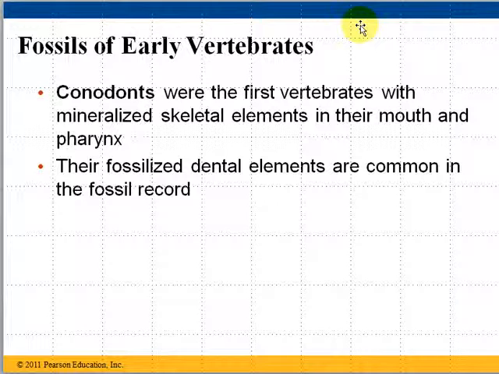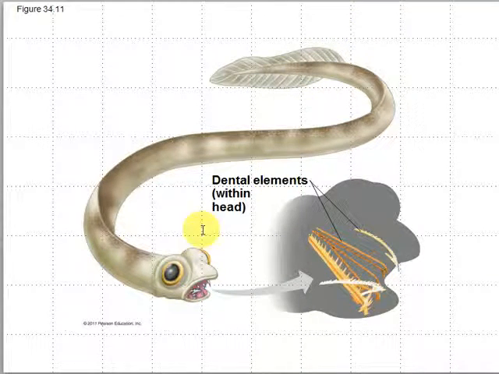The fossilized dental elements, so the fossilized teeth of these very early creatures called conodonts, were the very first vertebrates, and you can find really the only bone type structure on them was around the mouth, jaw, teeth area. So that would have been the very first mineralization of a skeletal system.